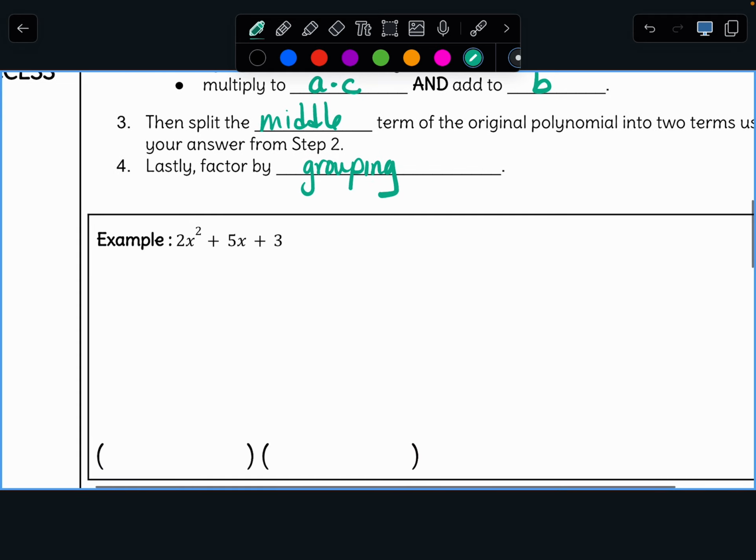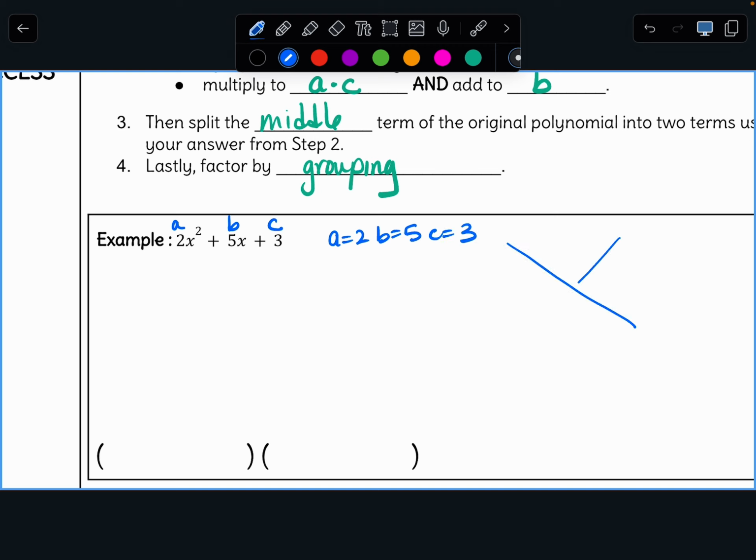So it's the same as yesterday, as factoring when x squared has a coefficient of 1, except this time the top number is not going to be pulled from the expression as easily. So we label everything A, B, C. It's in descending order. A is 2, B is 5, and C is 3.